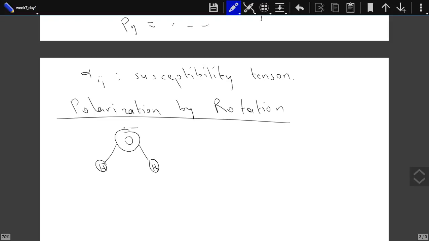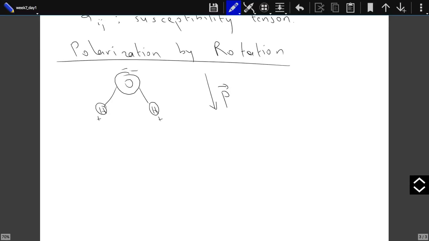Now, the oxygen is slightly negatively charged. The hydrogens are slightly positively charged. So this has a net dipole moment. So you don't need an electric field to create a dipole moment in this case. But let's see what happens if we put this one in an electric field.